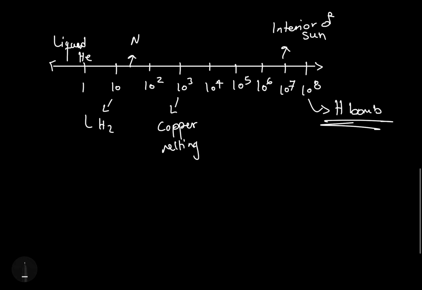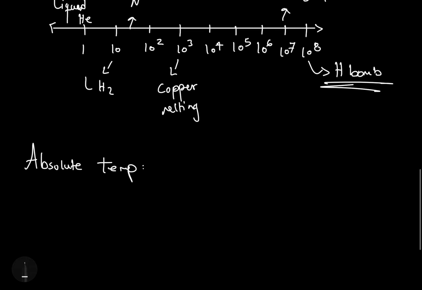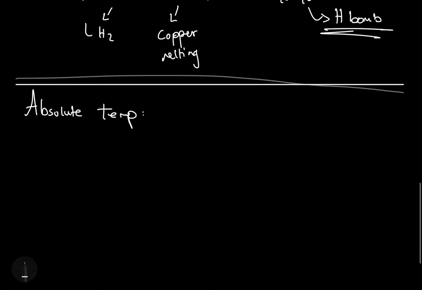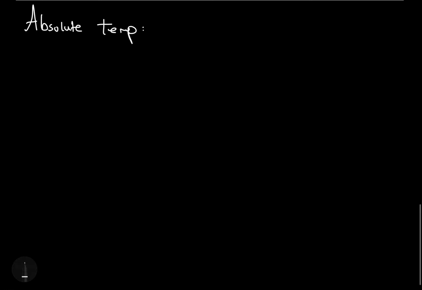Now, if you remember, I said something about the absolute unit of temperature at the beginning of this video. So what exactly is absolute temperature? We have different units for measuring temperature in physics. We have Kelvin, Rankine, Celsius degrees, Fahrenheit degrees.